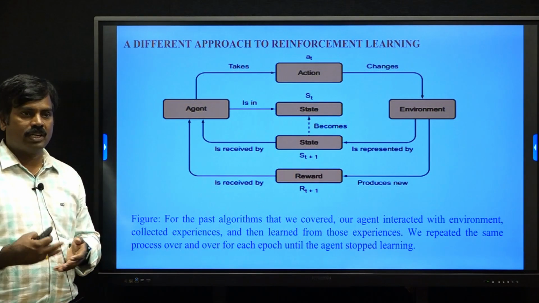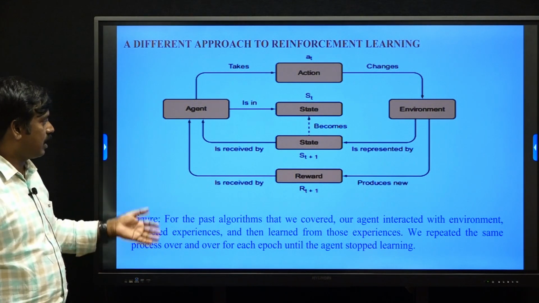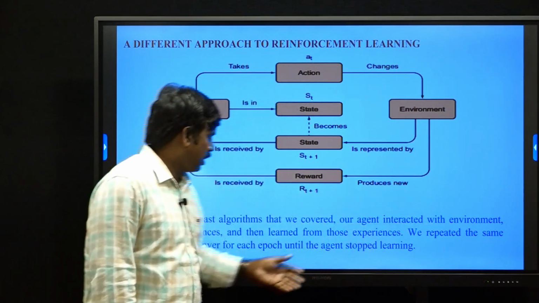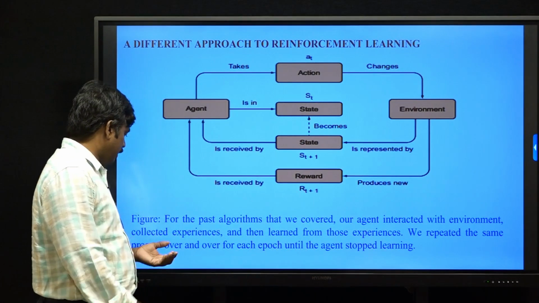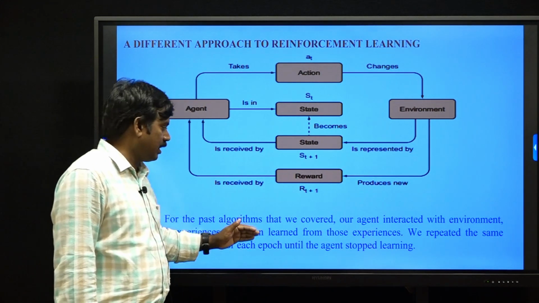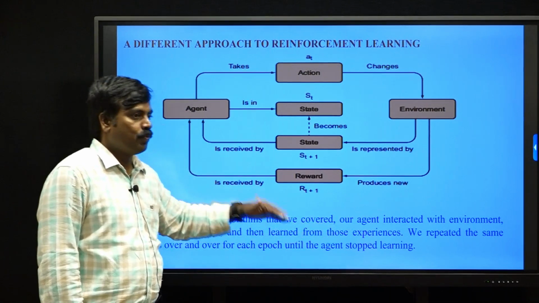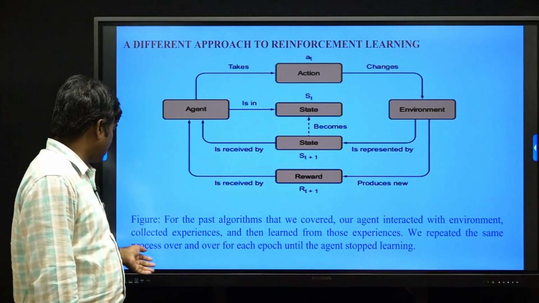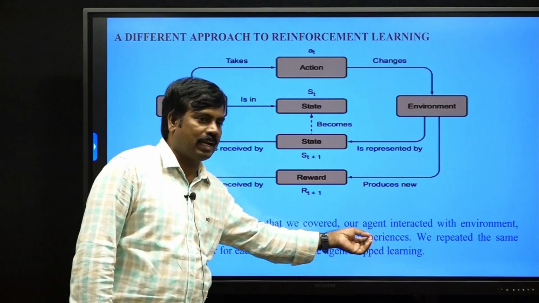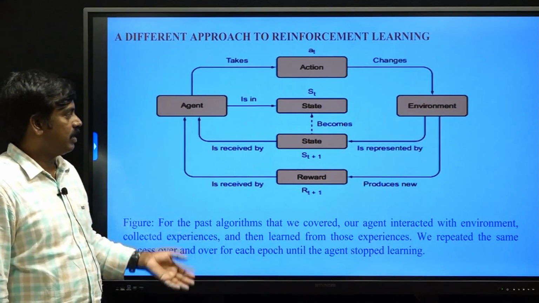In traditional reinforcement learning, in past algorithms, the agent interacts with the environment, collects experiences based on that interaction, and then learns from those experiences. We repeat that process multiple times, over a number of epochs, until the agent stops learning.